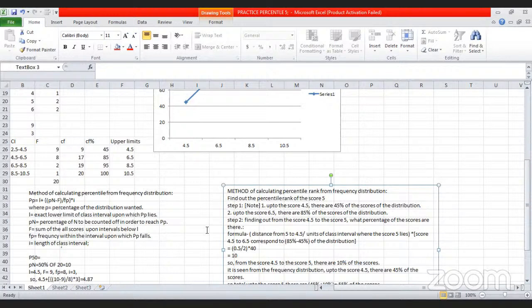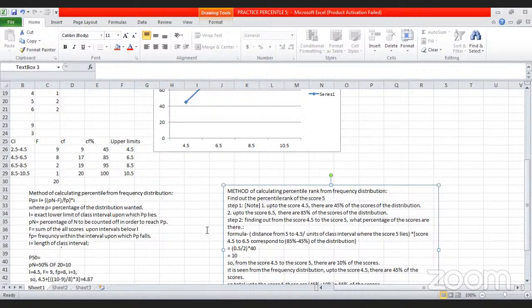Up to 6.5, 85% of the scores are there, it is also known to us. We need 5. Up to 5, what percentage of the scores are there? For that purpose, we need to calculate the difference. That means what percentage of the scores are there between 4.5 and 5?